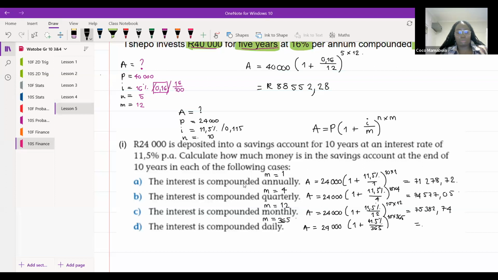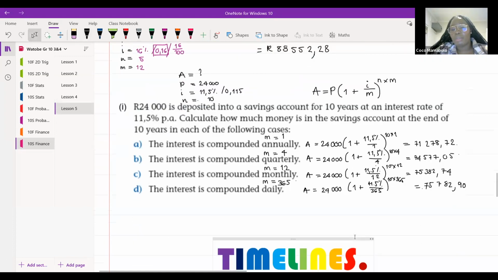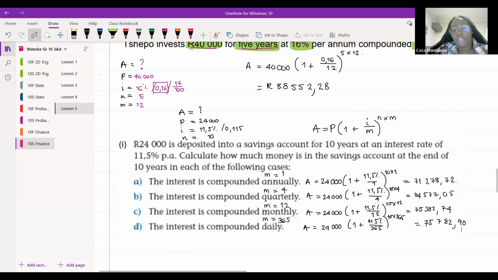So we should then get 75,782.90. I hope you guys are noticing that depending on how long you keep the money in and how your compounding periods are, the more interest you actually earn, right? So give yourself a mark out of 4.